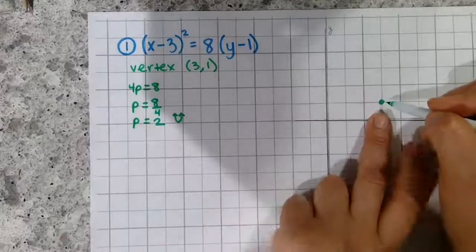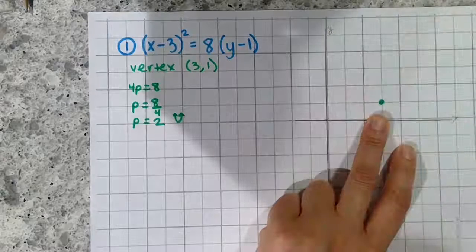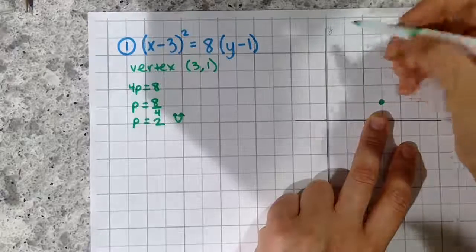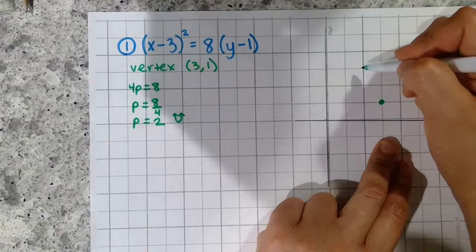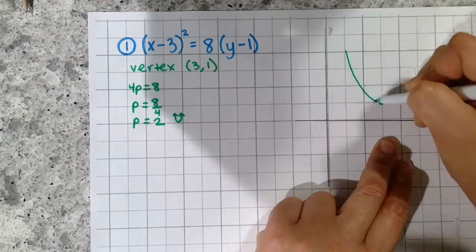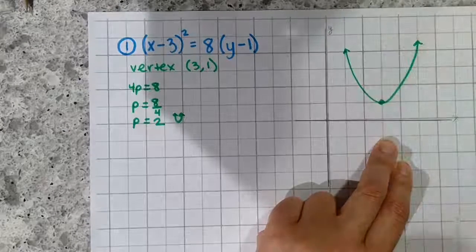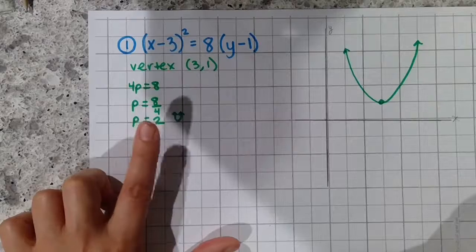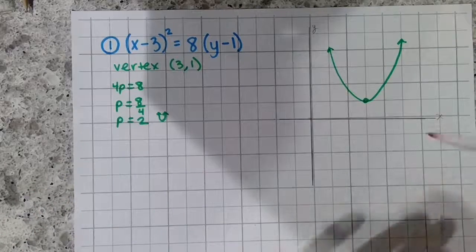Well, if you know this is your vertex, you can already draw it as you need to. That's fine. They actually don't pick other points. You know it's opening up, so we can go ahead and sketch that. And don't worry about finding these actual points, that's fine. What we do need to know is this, because it's going to help us find the other information.